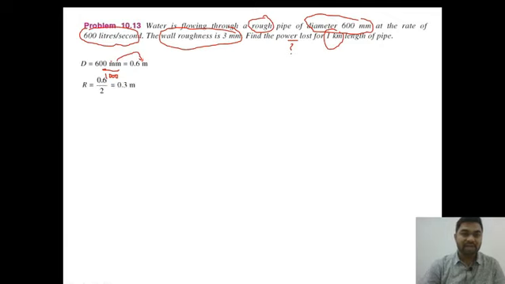Next is the radius. From the diameter, we have to calculate the radius. 0.6 by 2 is 0.3 meter. The radius of the pipe is 0.3 meter.